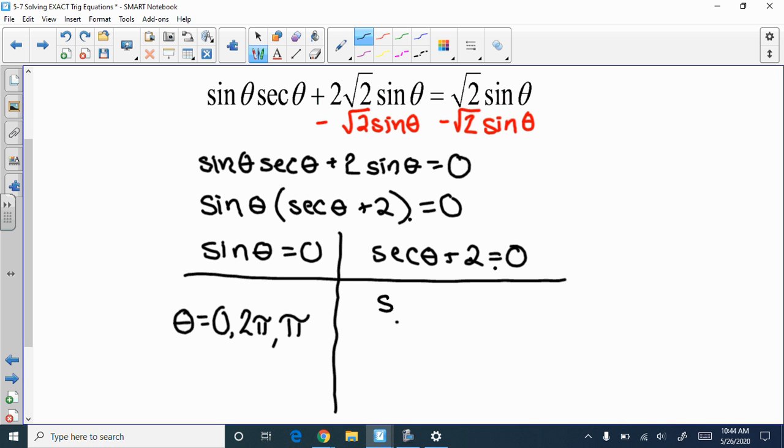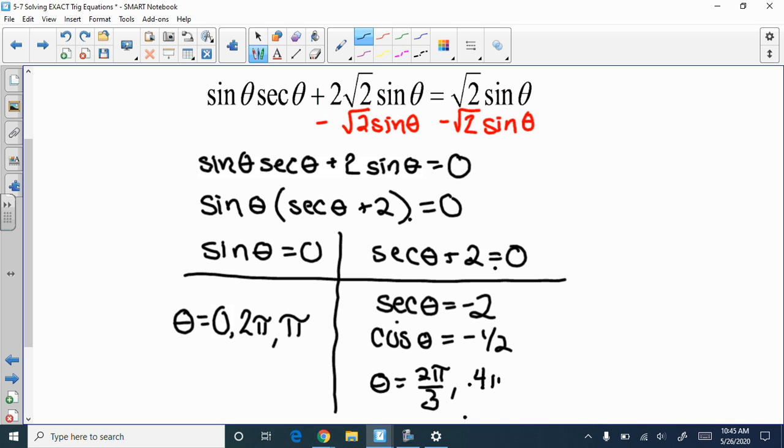And then over on the other side, when does secant of theta equal negative 2? Remember, that's the same thing as looking at cosine of theta. When does that equal negative 1/2? That might be easier to look at. And so theta would be at 2 pi over 3 and 4 pi over 3.